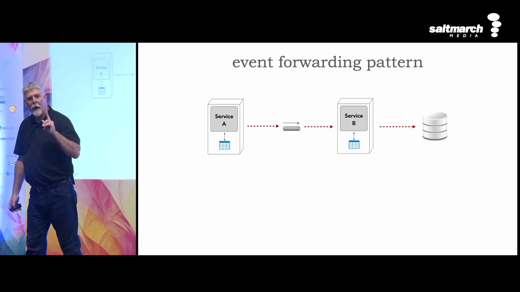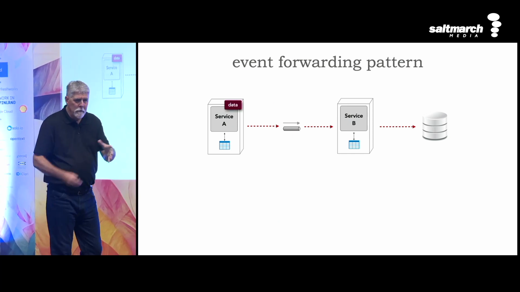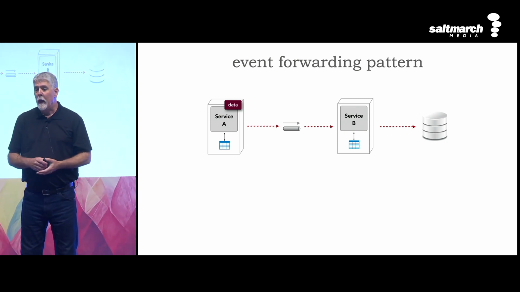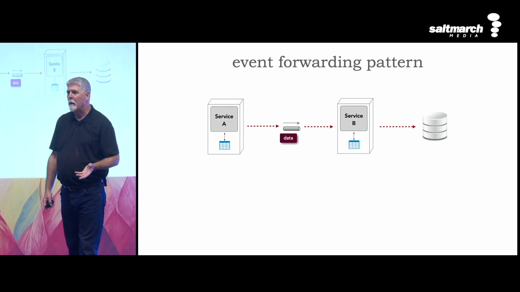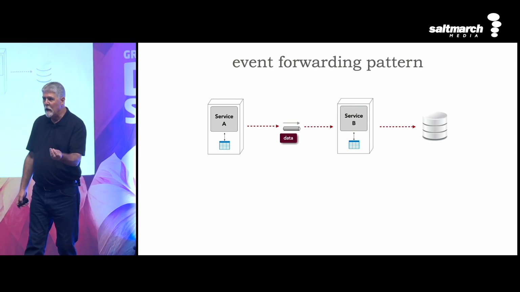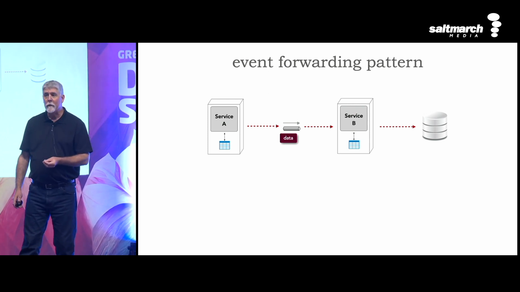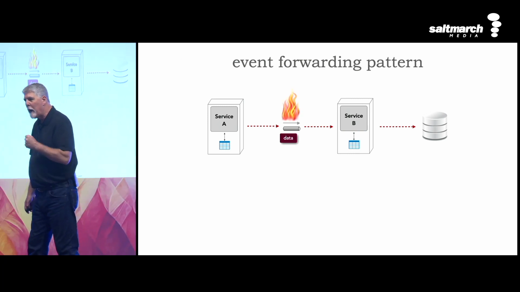If I have service A way on the left-hand side, and I have an event, the first place I could actually lose data is getting that to the channel, to the queue or the topic. Because maybe it got there, didn't send me an acknowledgement, and I crashed. So there's a chance of actually losing data. Also, maybe it got there and the broker crashed.